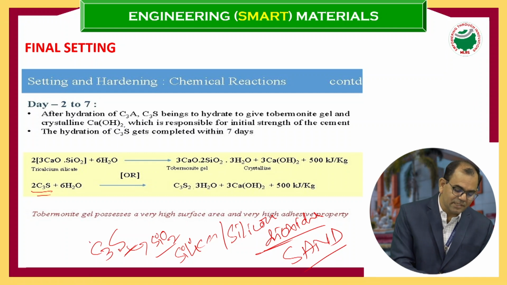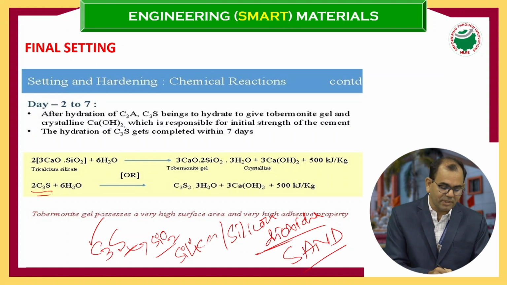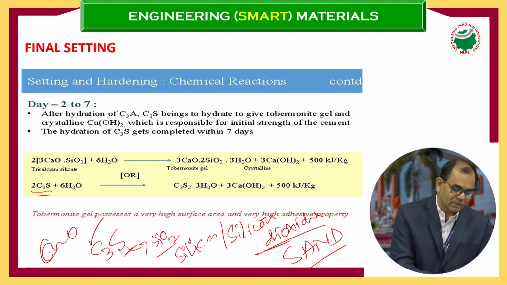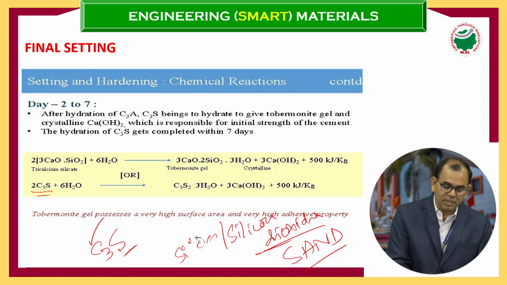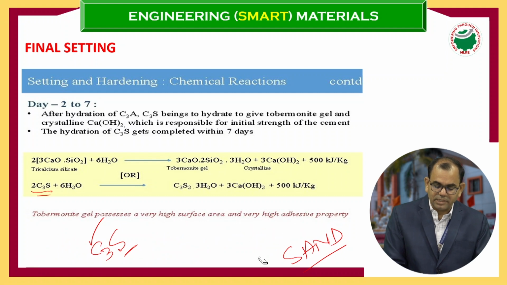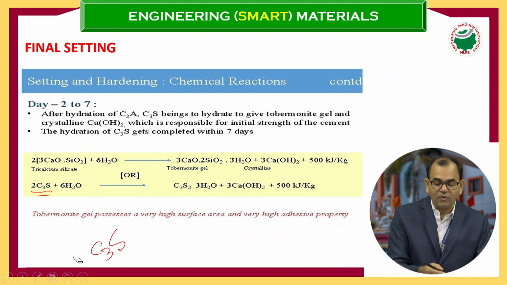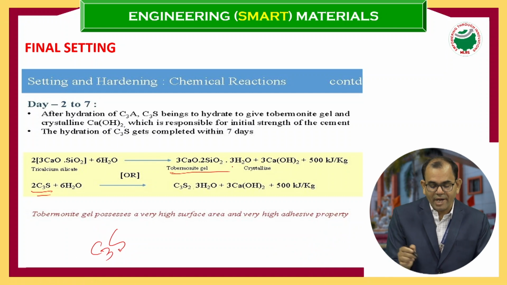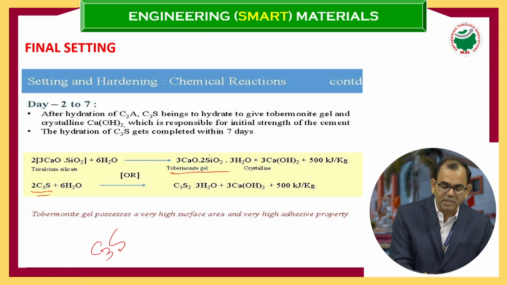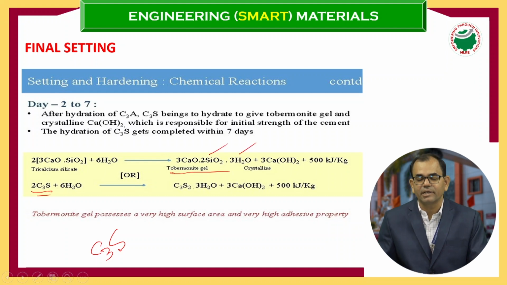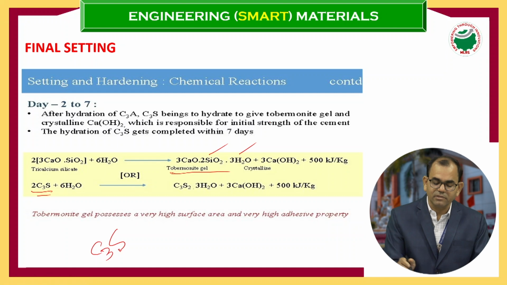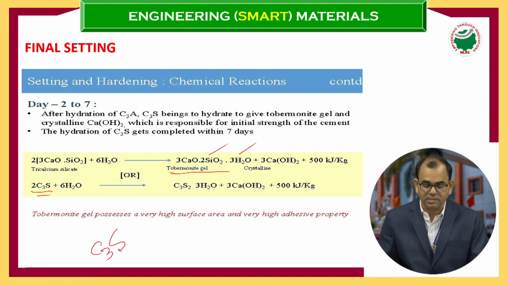So tricalcium is nothing but calcium oxide, lime, in combination with water, sand, gravel, especially here with silica. It is forming the tobermorite. Tobermorite is nothing but calcium oxide, silica with 3 hydrated molecules. And then there will be a crystalline byproduct, calcium hydroxide, and energy is released.